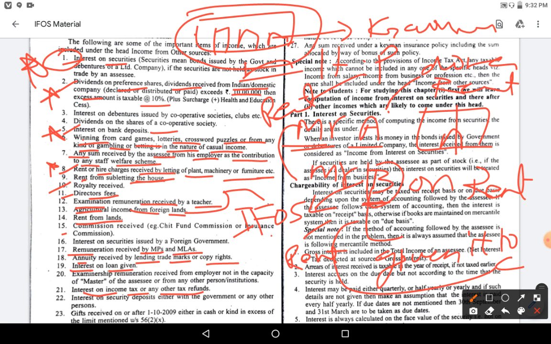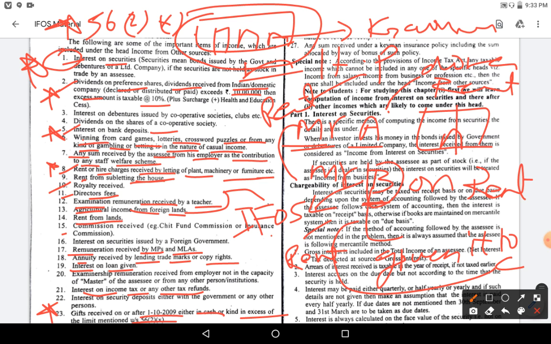And this 23rd, gift received on or after 1/4/2019 either in cash or kind in excess of limit specified under section 56(2)(x). This gift related provisions we will discuss later, and I have already provided a video relating to gift.